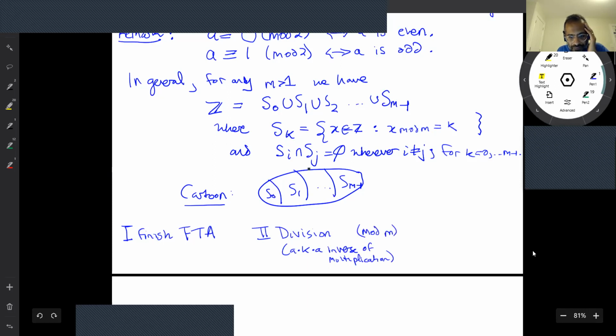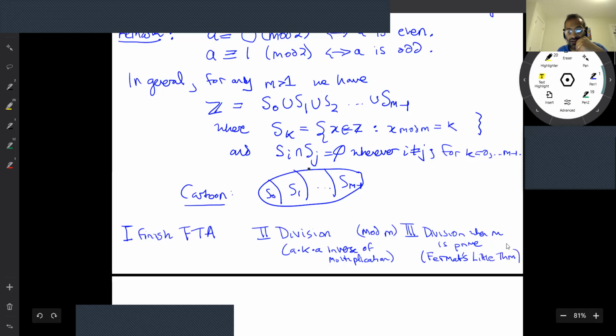And the final thing is a special case of that, something particularly nice which happens when m is prime. So division when m is prime. And this is a named theorem called Fermat's little theorem, as opposed to Fermat's last theorem. So that's the plan for today.